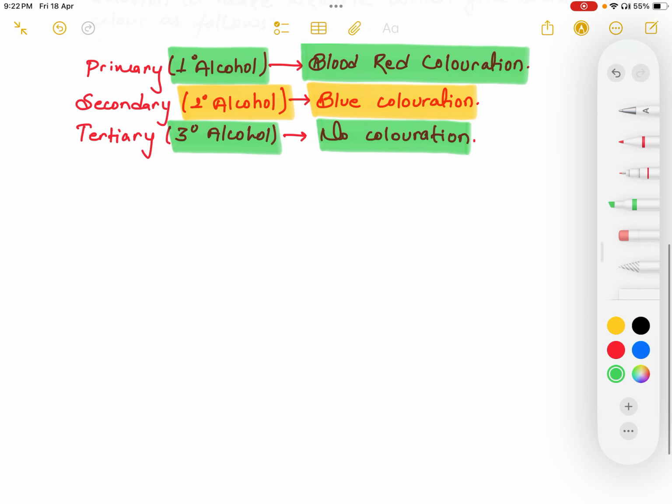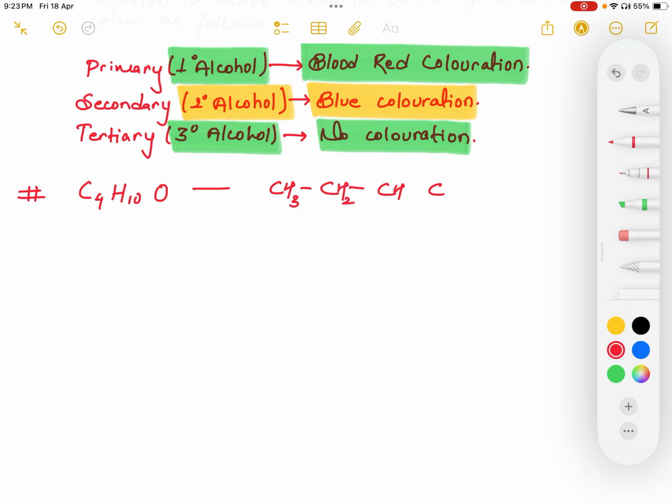Let me explain this with the help of an example. Let's take an example of C4H10O. What are the possible alcohols that I can make with it? Let me take 4 carbon, 10 hydrogen, so CH3, CH2, CH2, CH2, and OH. This is the 1 degree alcohol. I can call it butan-1-ol, a 1 degree alcohol.